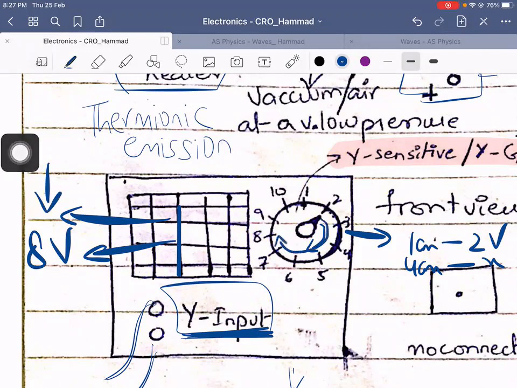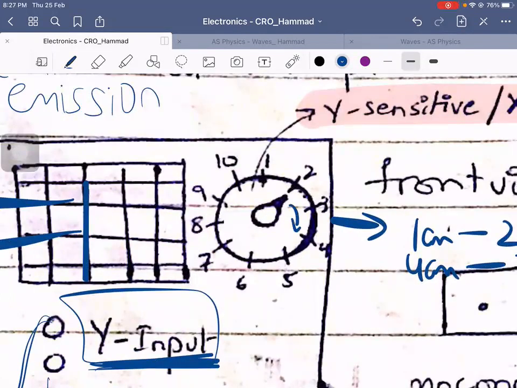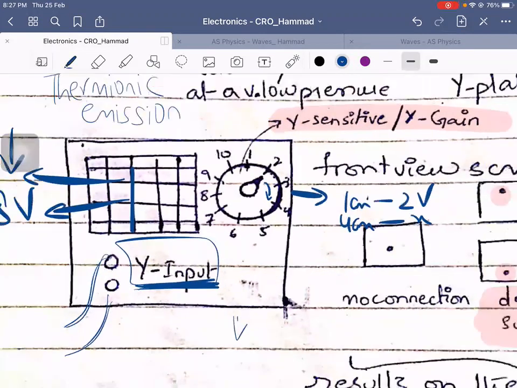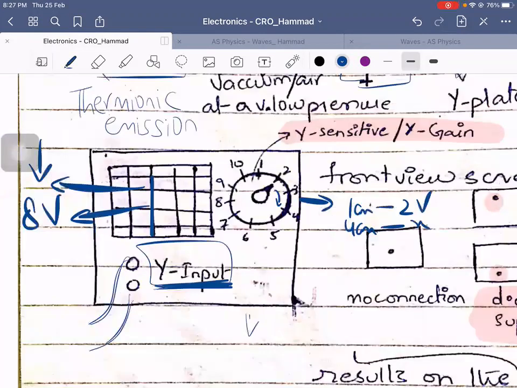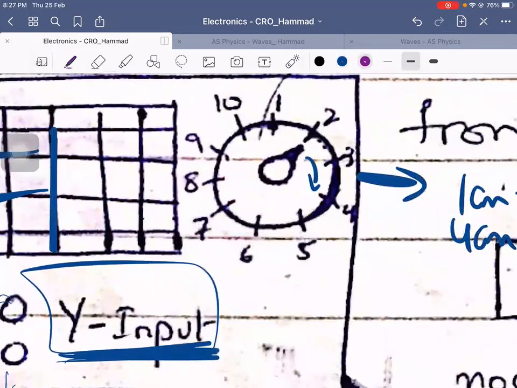Let's say I am switching my CRO, now increasing the Y sensitivity value to 4 volts per centimeter. It has to cover that 8 volt value, but don't you think it will now only cover 2 boxes?